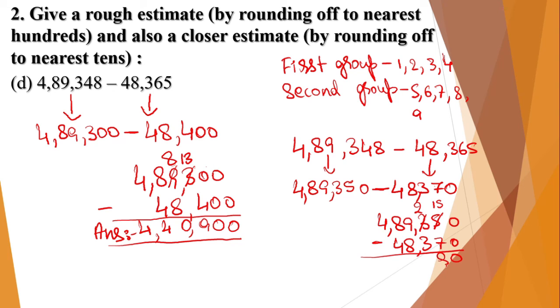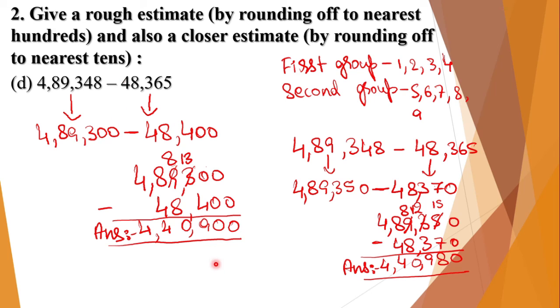And 15 minus 7 is 8, and 2 minus 3 is not possible. So 9 will become 8 and 2 will become 12. And 12 minus 3 is 9 and 8 minus 8 is 0. And 8 minus 4 is 4 and 4 will come as it is. So we will get our answer as 4,40,980. So that is the answer for nearest tens.